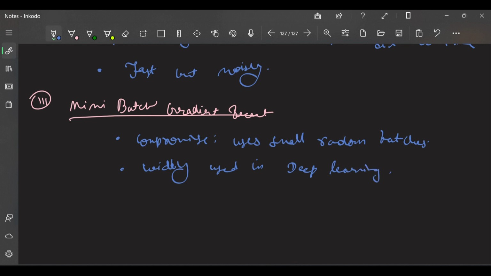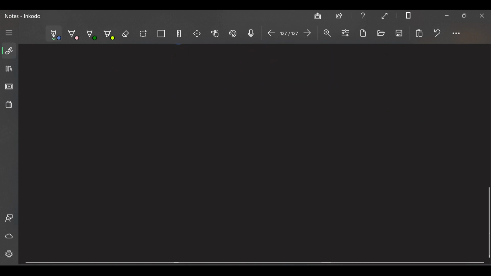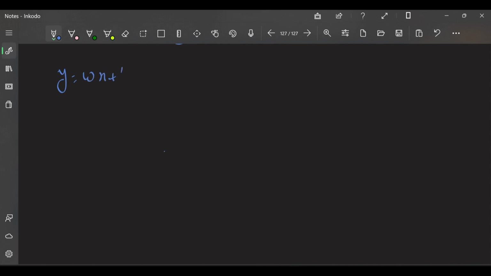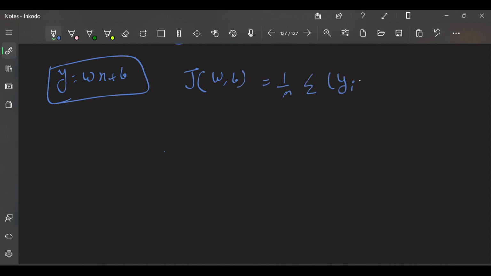Let's take an example of linear regression and understand it. Suppose y equals wx plus b is given. J of w comma b is equal to 1 by n summation of (y_i minus (w x_i plus b)) whole square.